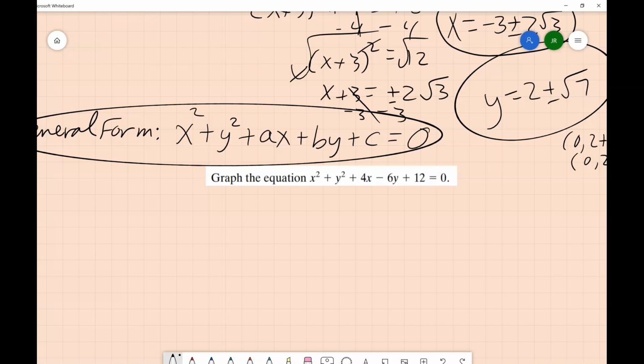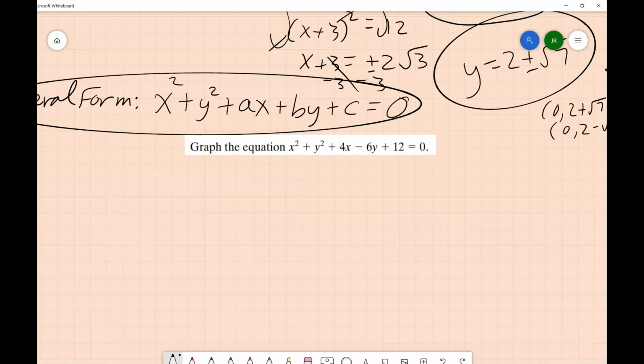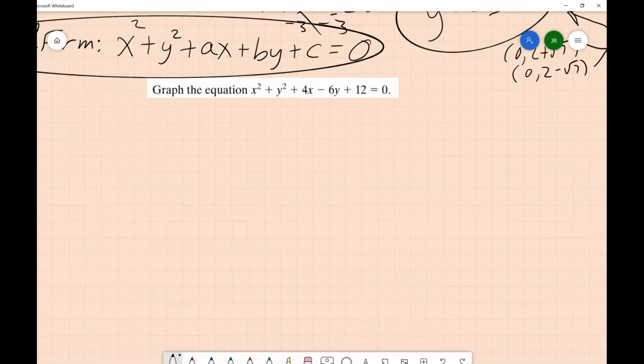I can't tell what the radius and the center coordinates are just by looking at that general form equation. So we're going to have to learn how to go from the general equation to standard form, or also the opposite way, go from standard to general. How do we go from this general form equation to standard form?